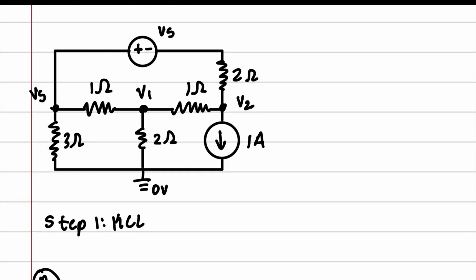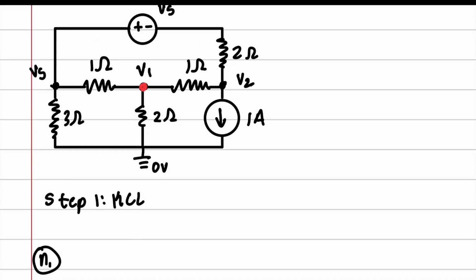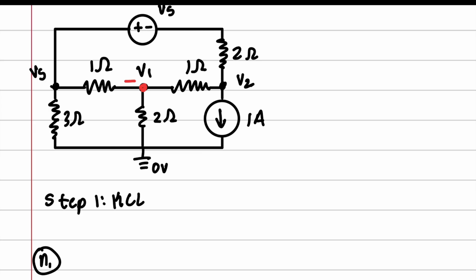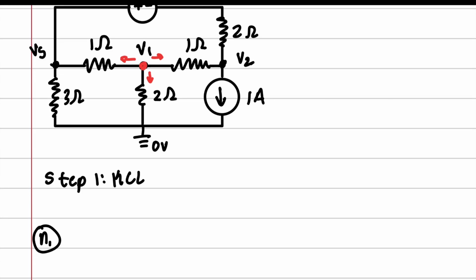Okay, so we're going to do node 1 first, which is this guy right here. Node 1 has currents going this way, and this way, so we're going to take into account each one of those.